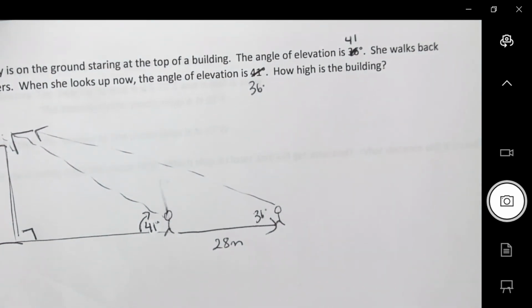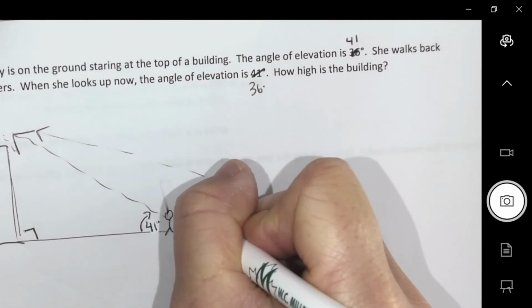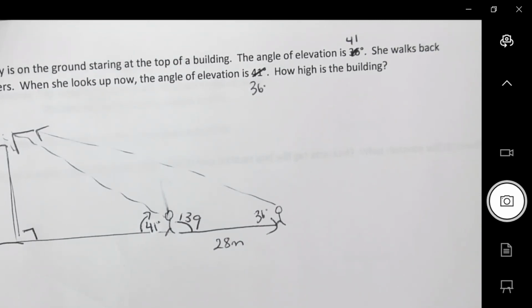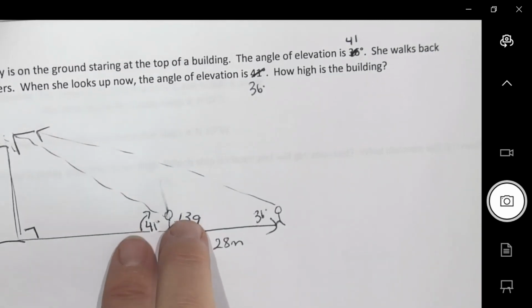The first thing I'm going to get you to do is give me any angles you possibly can using supplementary triangle stuff. Can you get me some angles anywhere in this triangle using last unit's properties? So I would have started here beside the 41, because I can go 180 on that line.